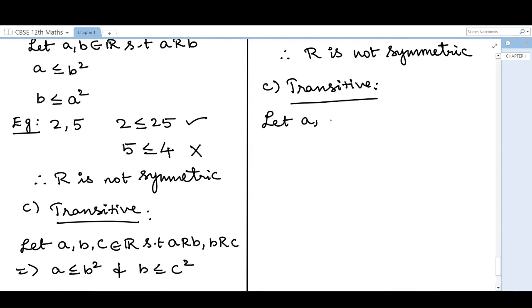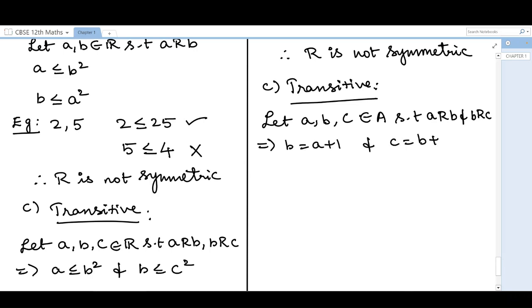So, let's take 3 elements from the set such that A related to B and B related to C. So, this implies B equal to A plus 1 and C equal to B plus 1. Now, what we have to prove is C equal to A plus 1, that is A is related to C.